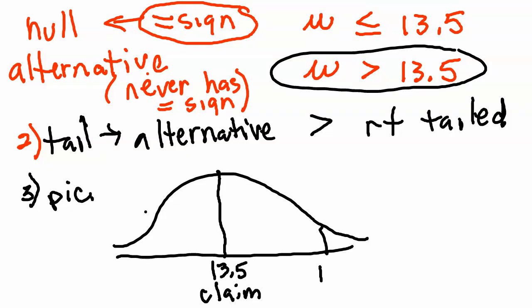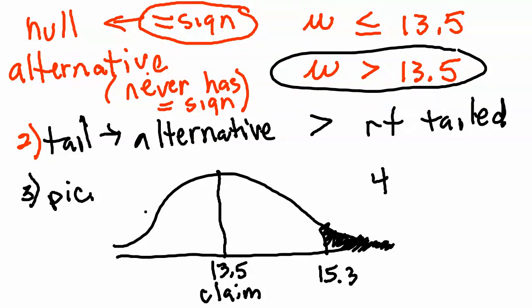The sample was 15.3, and it's right-tailed, so we shade to the right. So we want to find the probability that something's going to be bigger than 15.3. So it really helps to draw a picture.